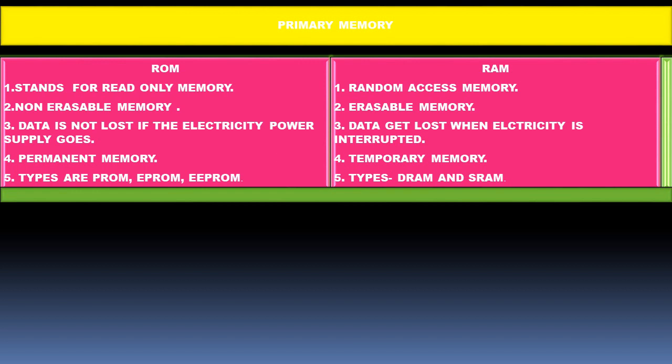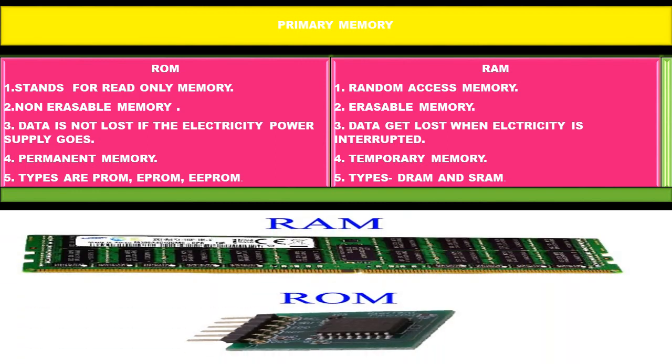On the other hand, data in RAM is lost if the electricity supply is interrupted. Fourth point, ROM is permanent memory, however, RAM is temporary memory. Fifth point, types of ROM are PROM, EEPROM, EPROM, and types of RAM are DRAM and SRAM. You can see the example over there.